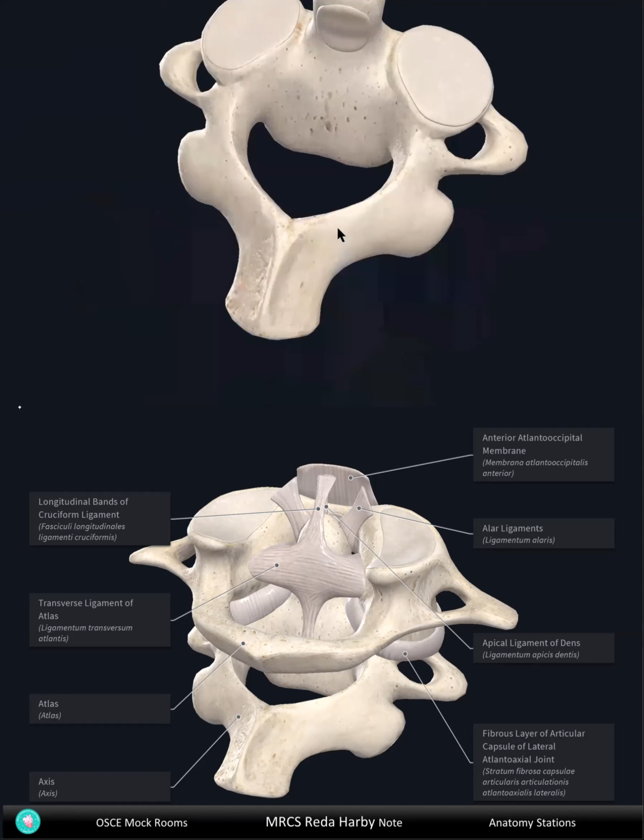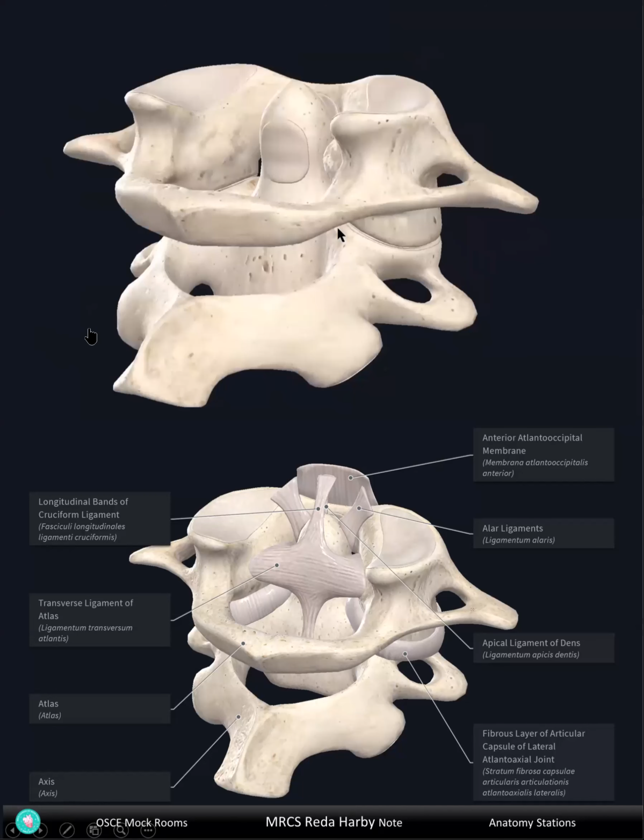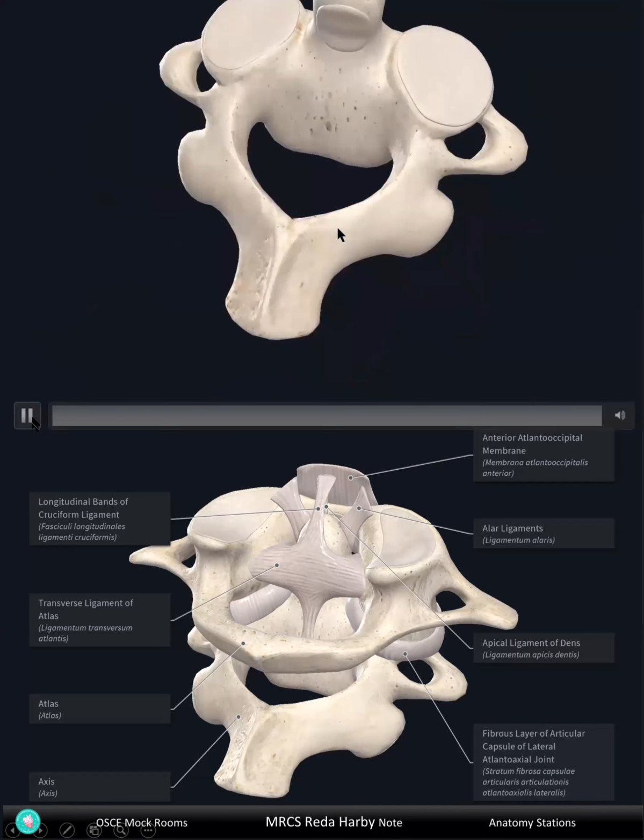So it is a complex of three synovial joints between the atlas and axis. Why is it complex? You see here in the image, there will be articulation of the dens inside with other joints. So it's about three structures.